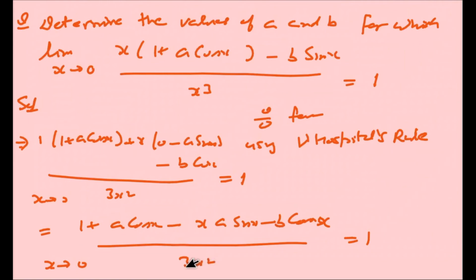So using L'Hospital's rule, it must be 0 upon 0 form, so we can say 1 plus a minus b is equal to 0. Let this be the first equation.